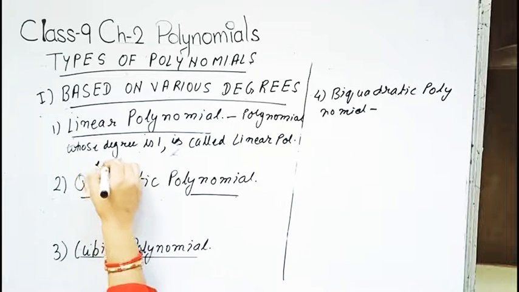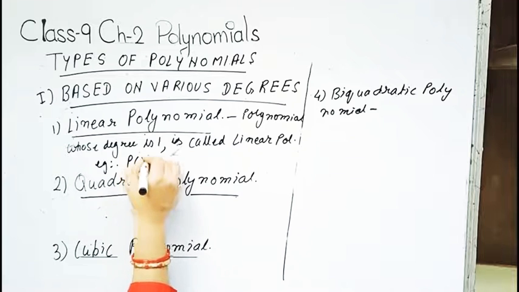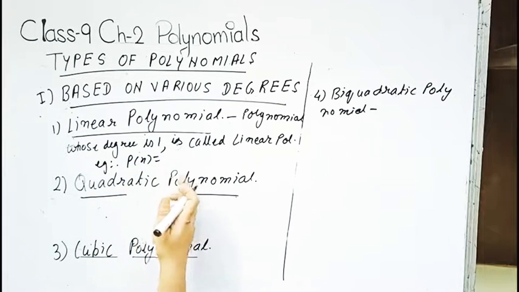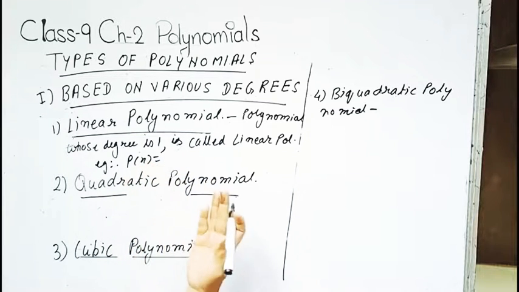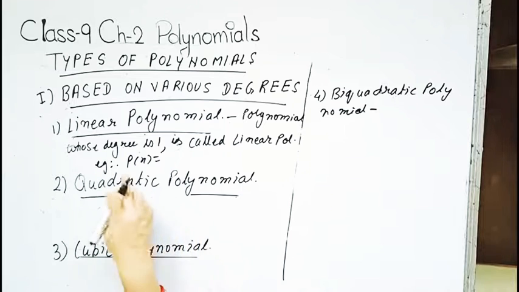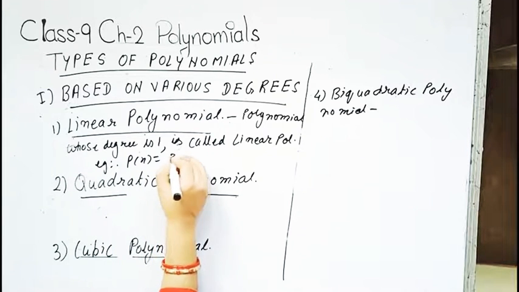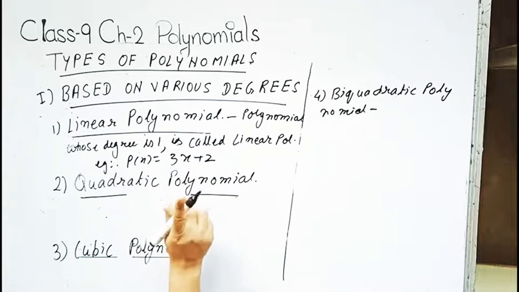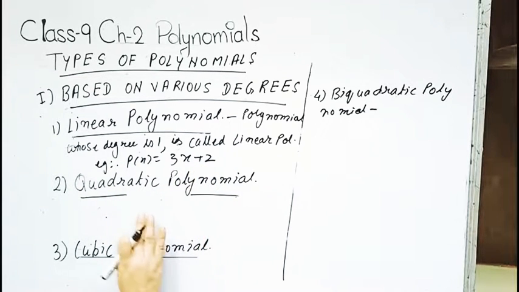For example, p(x) equals, we give the name p(x) if the variable is x. If the variable is y, we can write p(y). If there are more than 2 variables, we don't give this name. So p(x) equals 3x plus 2. The degree of this polynomial is 1. So this is a linear polynomial.